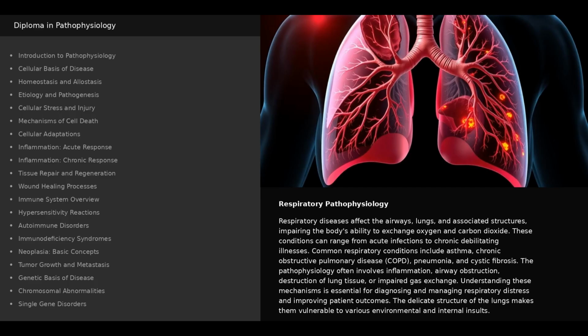The pathophysiology often involves inflammation, airway obstruction, destruction of lung tissue, or impaired gas exchange. Understanding these mechanisms is essential for diagnosing and managing respiratory distress and improving patient outcomes. The delicate structure of the lungs makes them vulnerable to various environmental and internal insults.